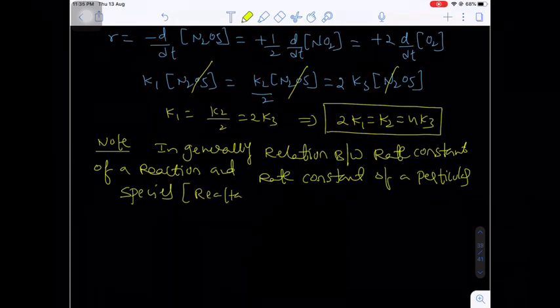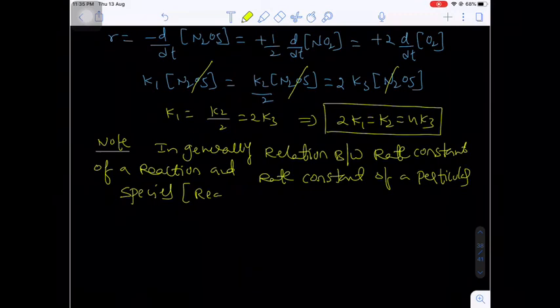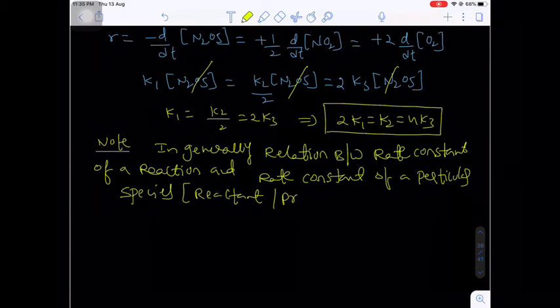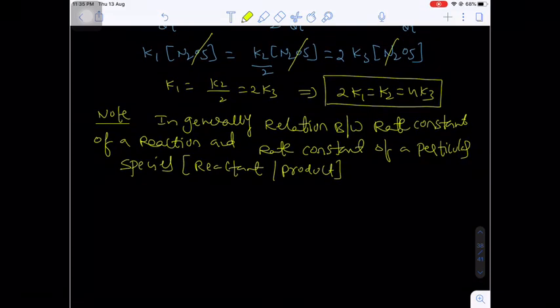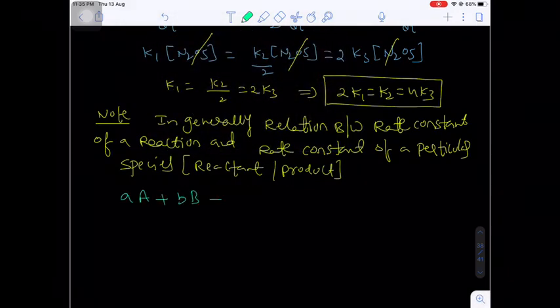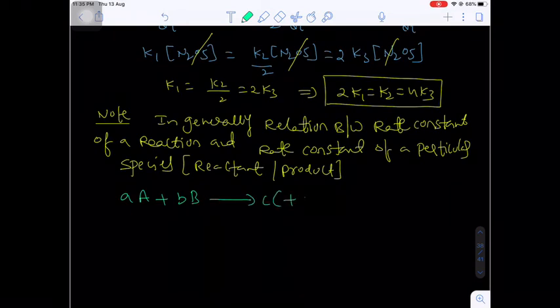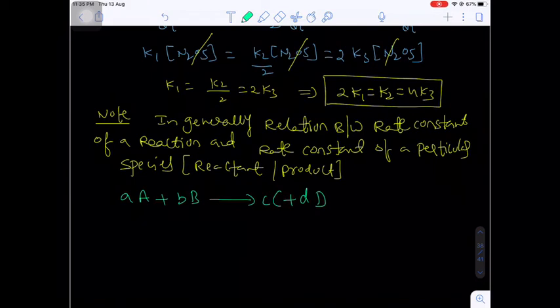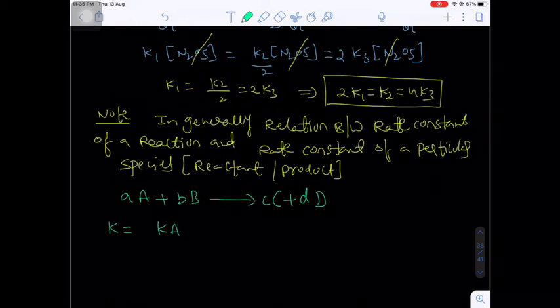Now here I am writing a general expression: small a capital A plus small b capital B to give small c capital C and small d capital D. Now here K is the total reaction rate constant.